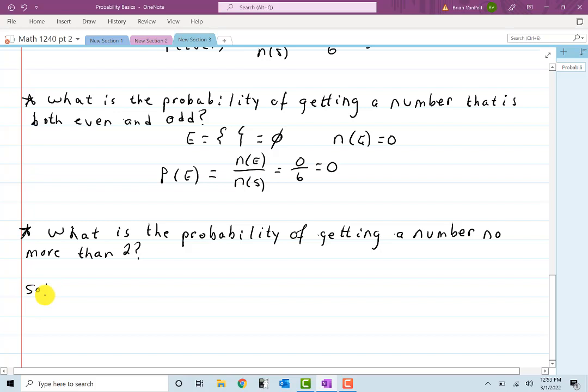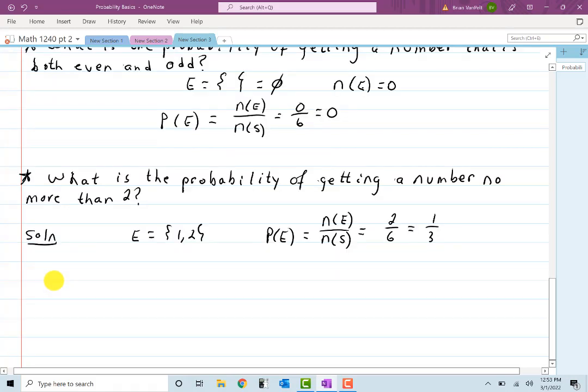So for this one, my event E, I want to include all the numbers that are no more than 2, so that's less than or equal to 2. So in this case, my E is only consisting of 2 items, so then the probability of E, that'll be n of E divided by n of S. The size of E is 2, and S, of course, is 6. So you can leave it as 2/6 or 1/3 if you please.